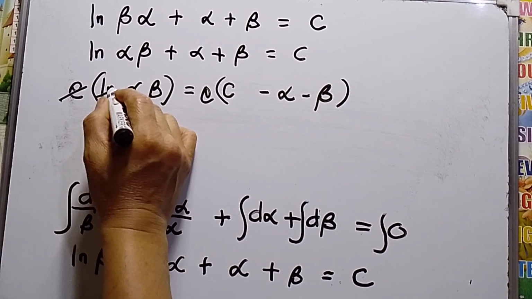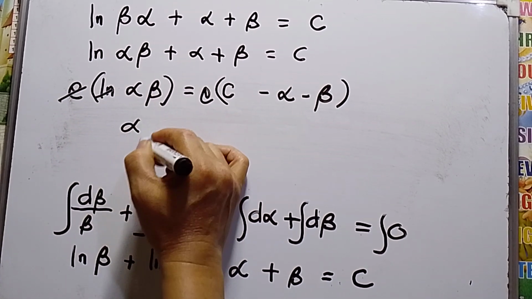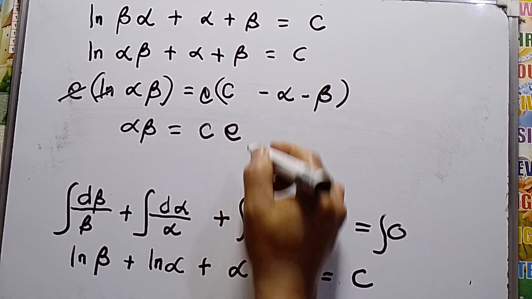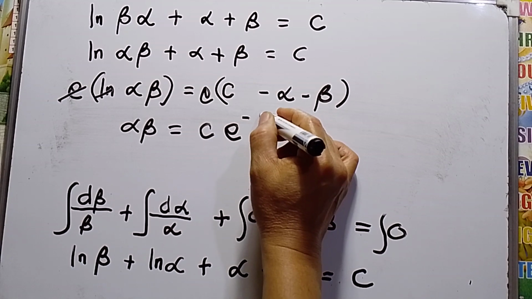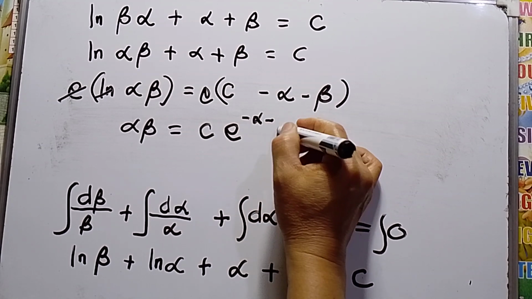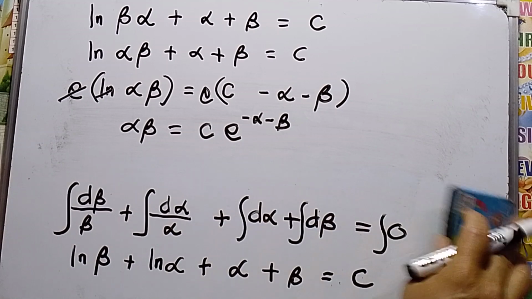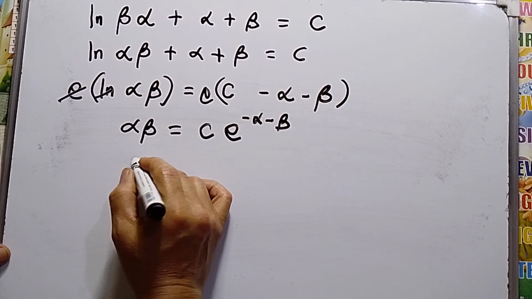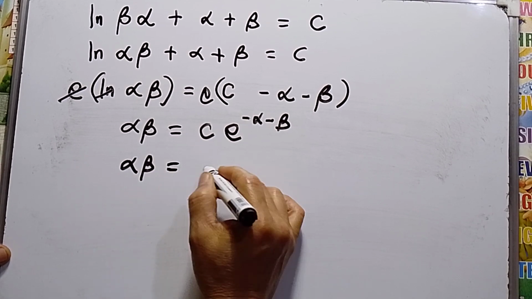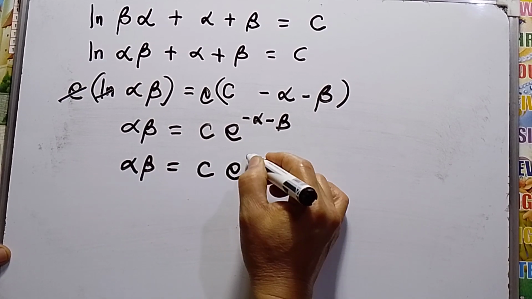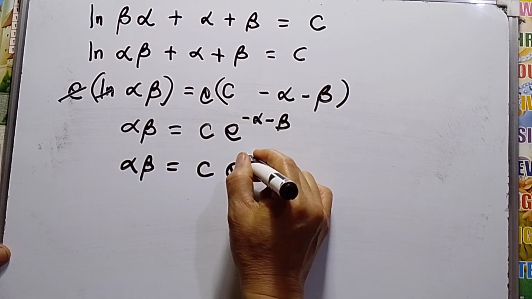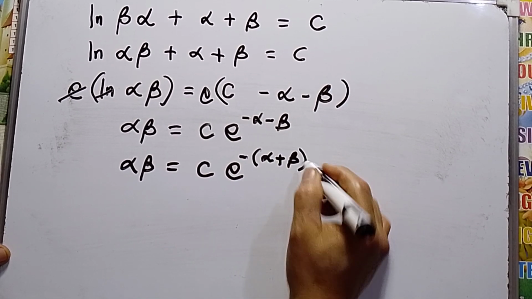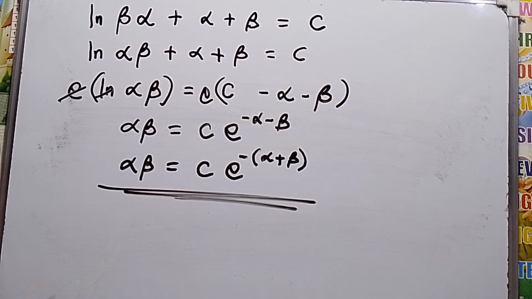So this will be crossed out. So this will be alpha beta is equals to C is equals to e raised to the negative alpha minus beta. So to simplify the exponent, I could write here alpha beta is equals to C e. I will factor the negative sign, so this will be negative alpha plus beta. So this is the answer for number 1.